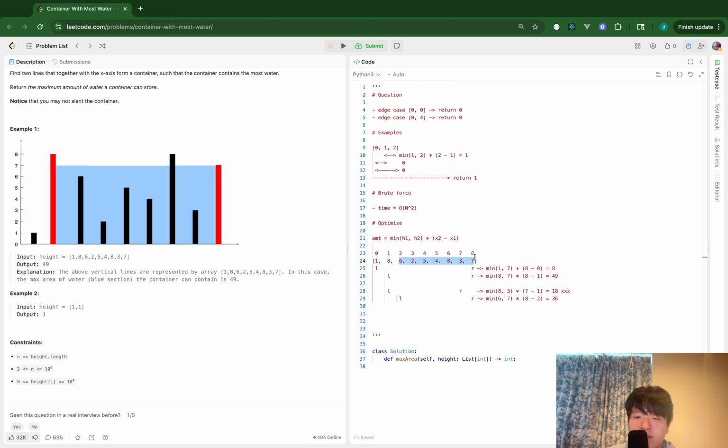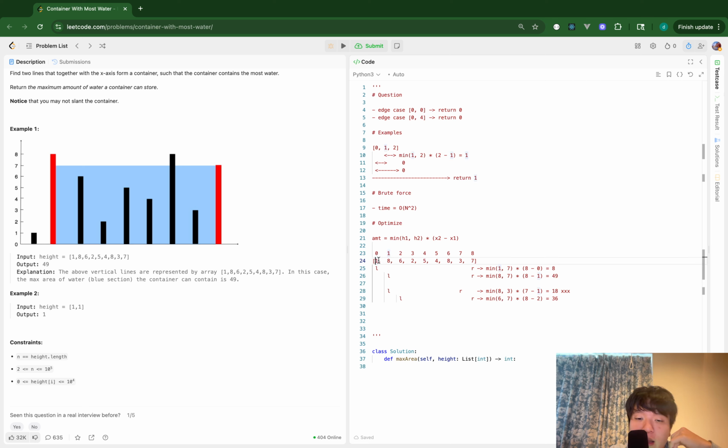So maybe another approach I can think of is I decide the width, the distance between two bars.